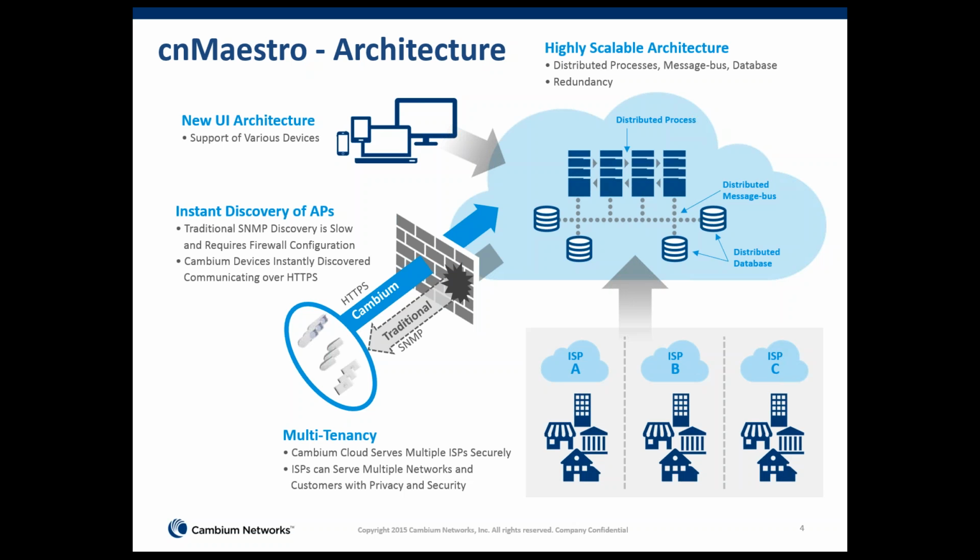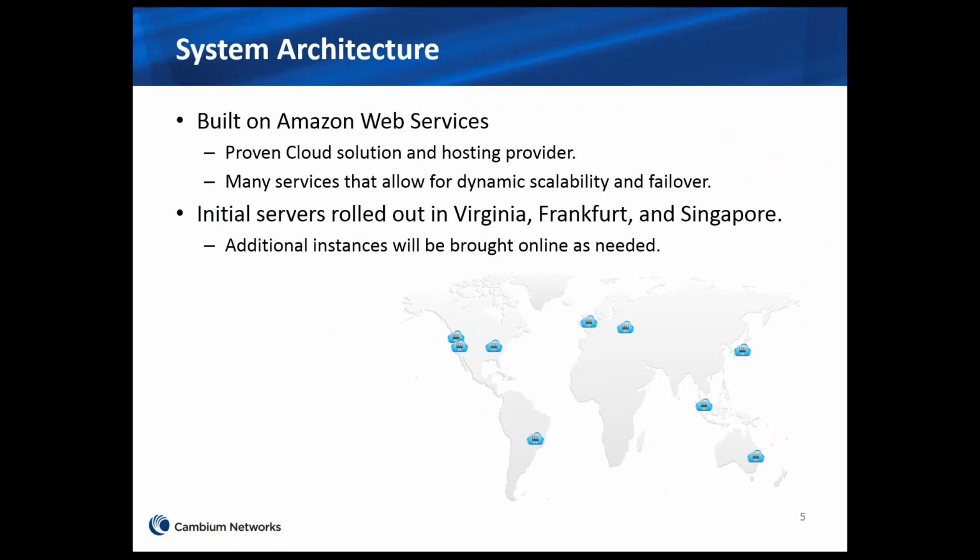What this means is that an individual, in particular a managed service provider, could support multiple separate customers, ISPs, and provide management service to them as a business, and would have access to each of those ISPs' cnMaestro accounts, and would be able to provide technical support and professional services to operate their wireless network. cnMaestro is hosted by Cambium on Amazon Web Services, and initially it will start out with North America, Europe, and Asia.